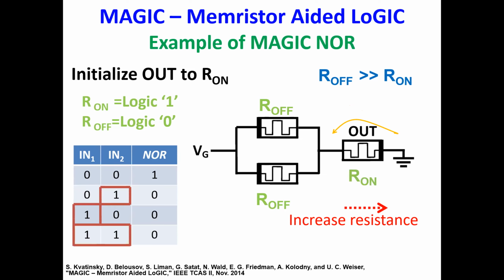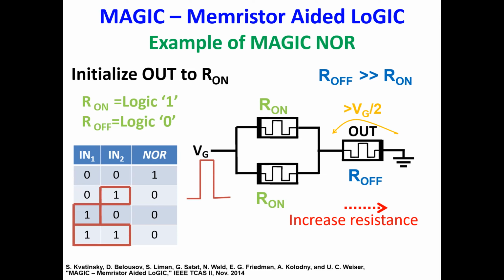In any other input case, at least one of the inputs will be in the low resistive state. And now when we apply the voltage, at least half of the voltage will be across the output. And this will be sufficient to switch the resistance into the high resistive state or to logical 0, just like the truth table of a NOR gate. So this is a NOR gate.